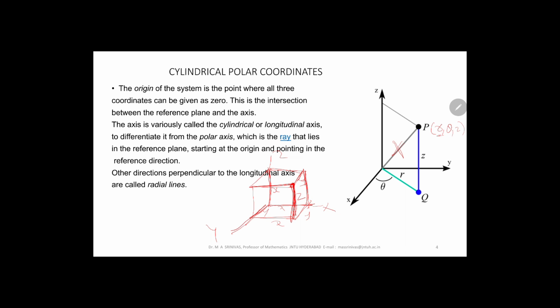That means if you have any region in space, to find the limits of r, theta and z, take the projection of that entire region on the xy plane. Observe where that projected region on the xy plane falls. Then in that region r and theta vary, and find the z limits as per the given problem.